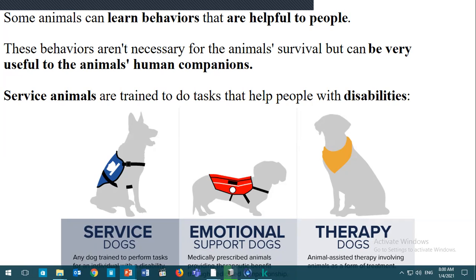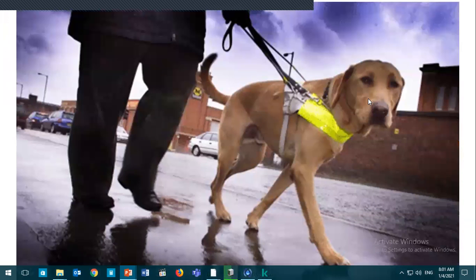They can survive without these behaviors, but it's still important for their human companions. Like the types of animals we talked about yesterday. We call those service animals, okay? They are trained to do tasks that help people with disabilities, like the dogs that help blind people, people with problems in seeing.